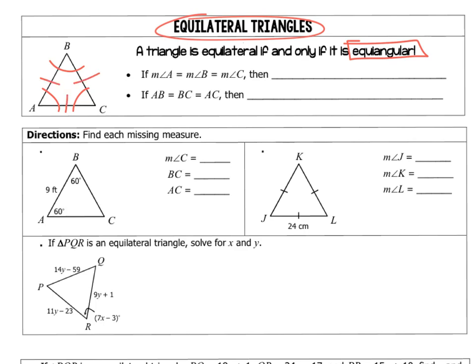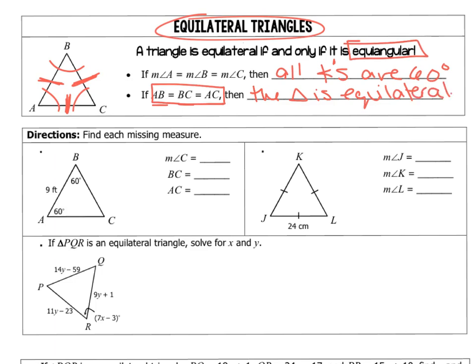So if measure of angle A equals the measure of angle B, and that equals angle C, then all angles are 60 degrees. If side AB is equal to side BC and side AC, so if these sides are all equal to each other, then the triangle is equilateral.